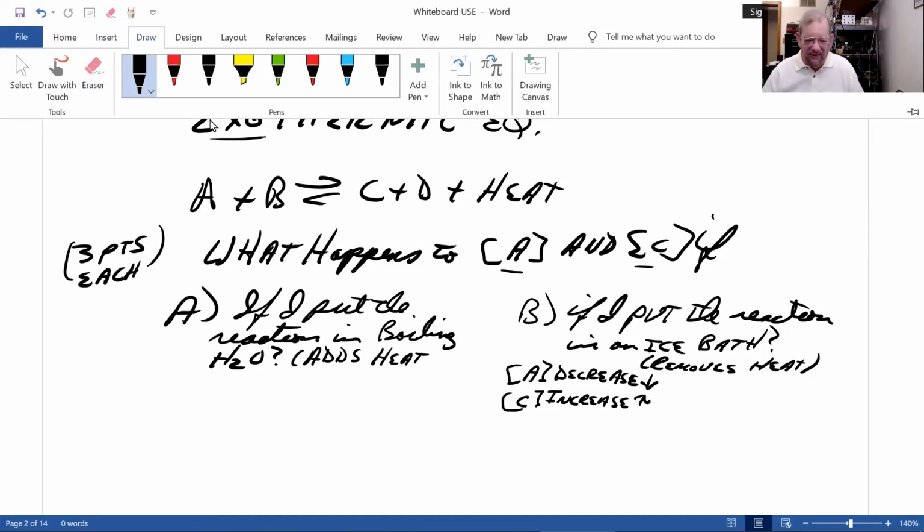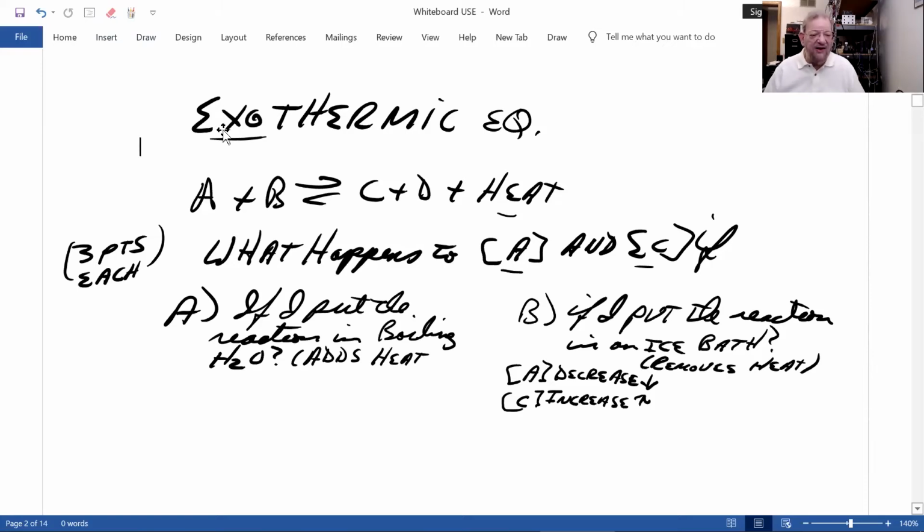At equilibrium, there was a certain amount of heat, A, B, C, and D. And now we've added heat, and the equilibrium says, oh no, I've got too much heat. We've got to get rid of this excess heat.